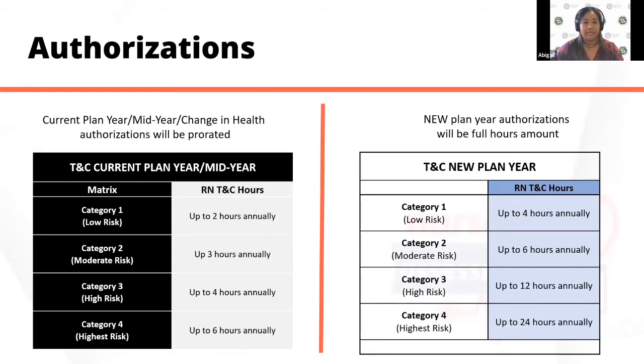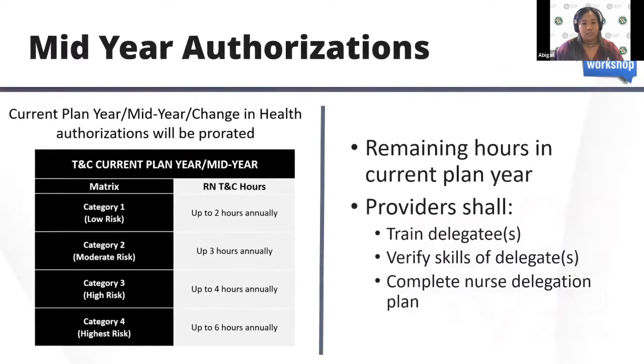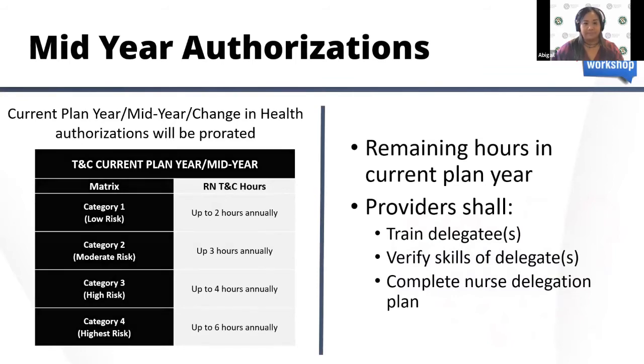On the right-hand side, you're going to see the new year authorizations, and you see the authorizations vary. When we are talking about mid-year authorizations, this is when the hours are to be used to train the delegatees, verify their skills, and to complete the nurse delegation plan.